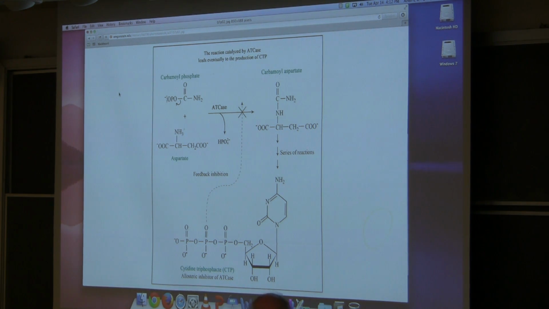One of the things that can bind to ATCase and affect it is the end product of the pathway. The end product of the pathway is CTP. Now, I'm going to show you in a minute why that's significant. All right? But for the moment, you can just say, okay, ATCase binds to CTP, and when it binds to CTP, the enzyme is inhibited.